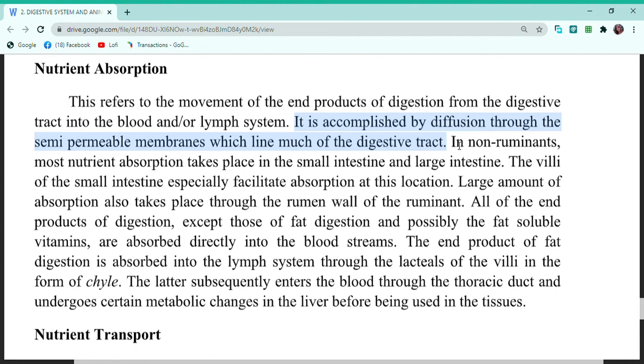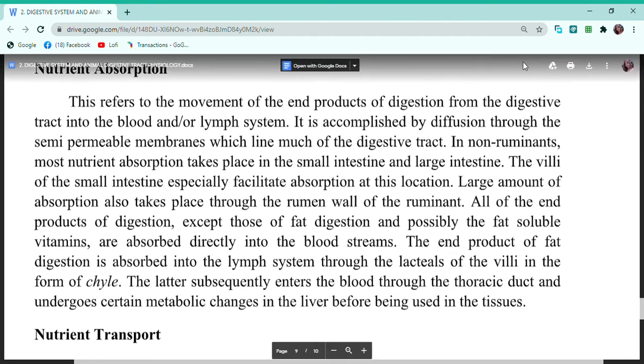And all of the end products of digestion, except those of fat digestion and fat-soluble vitamins, are absorbed directly into the bloodstream. Again, all the end products of digestion ay naa-absorb sa small intestines, maliban sa fats and vitamins, wherein absorption is directly into the bloodstream.